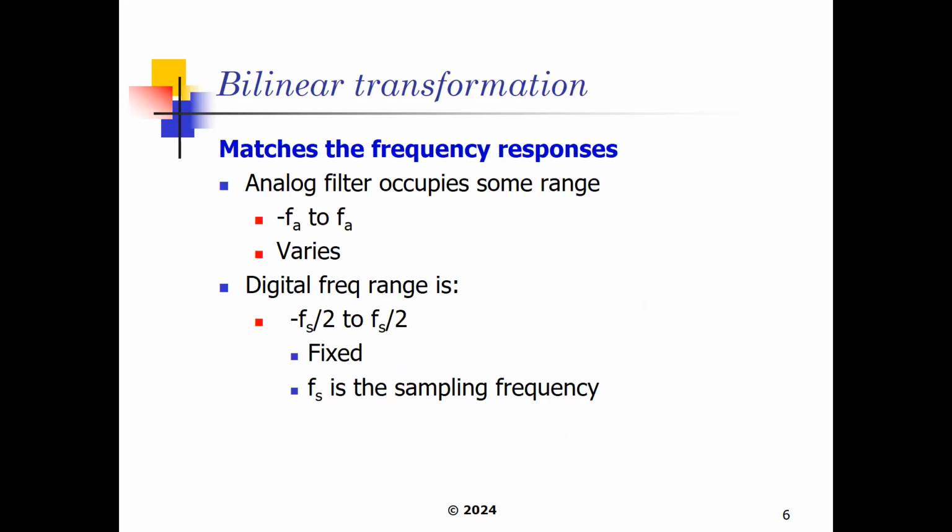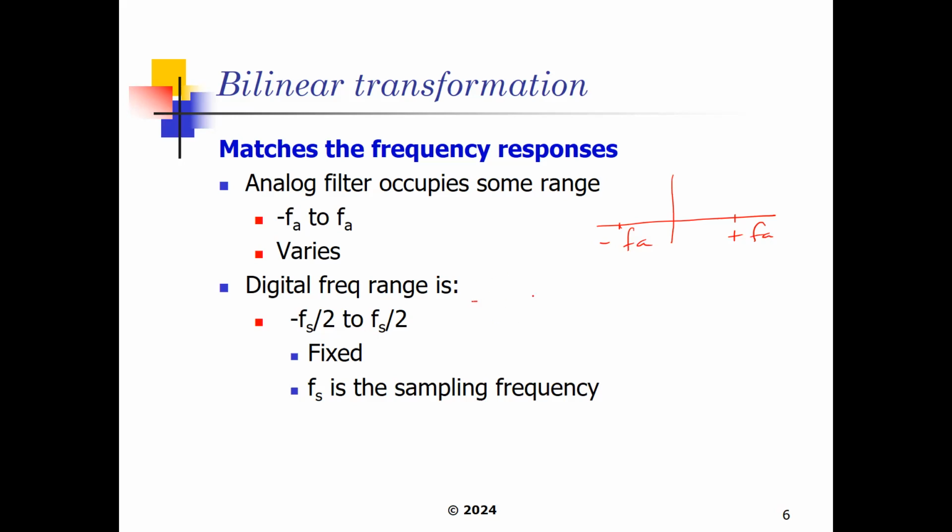Right? What this is going to do is that the approach now is that we take an analog filter that is going to occupy some continuous frequency range from minus FA to plus FA. And we're going to map this now into the digital frequency range. Remember, this keeps coming up all the time, that our analog frequency will run from minus FA to plus FA.